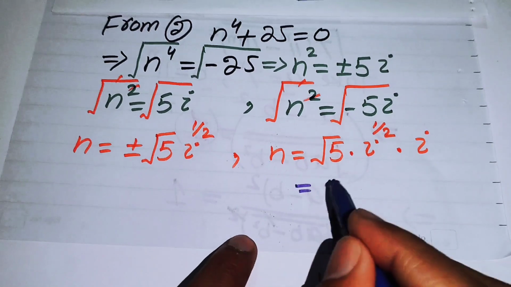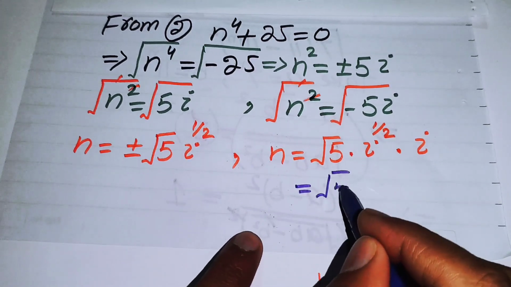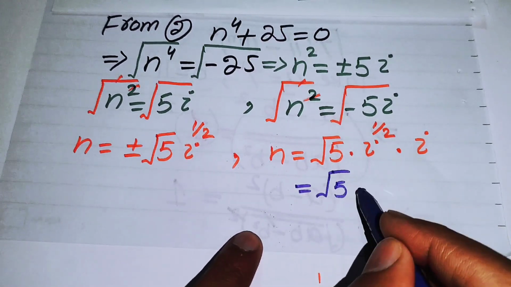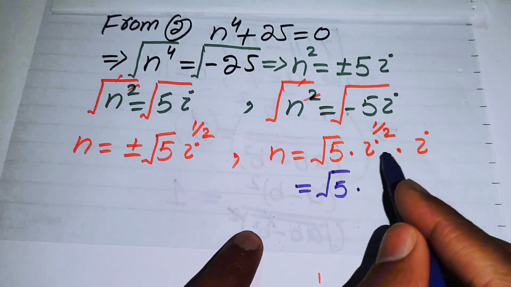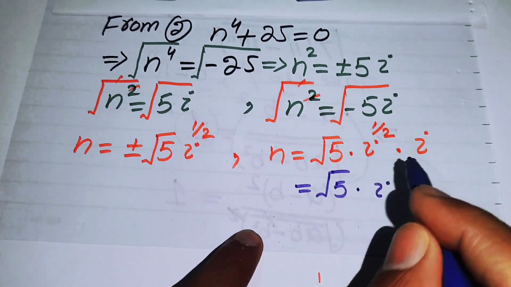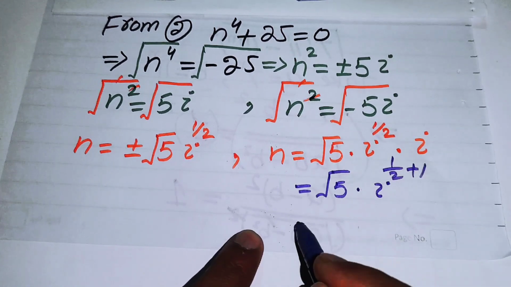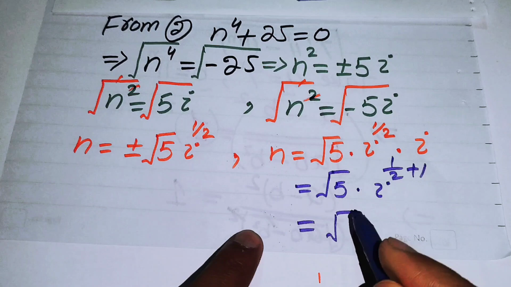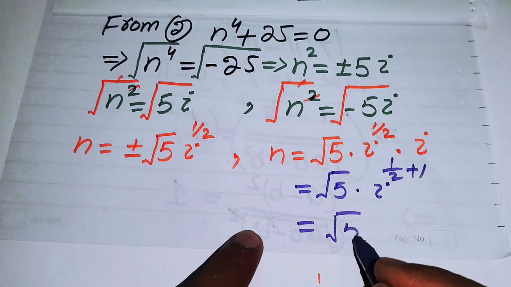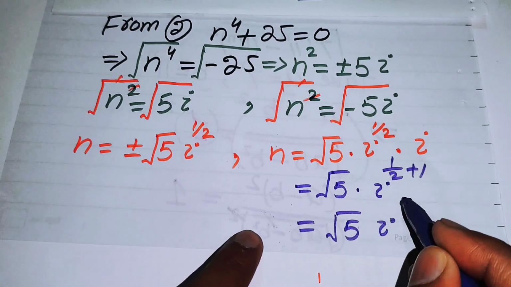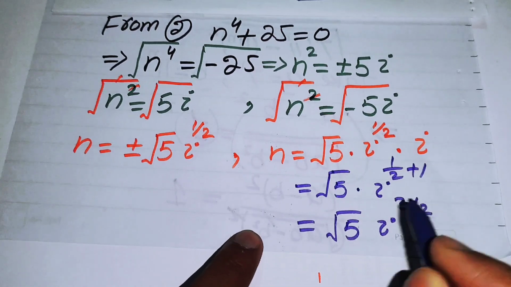We get square root of 5, and now we add the exponents of these two iotas, getting iota to the power of 1 over 2 plus 1, and finally we get square root of 5 into iota to the power of 3 over 2.